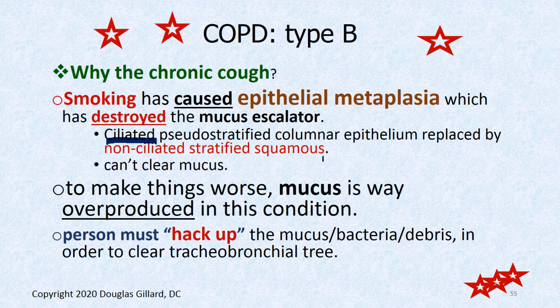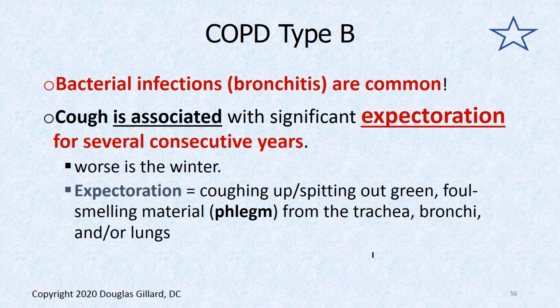So great, the wall is happier, but you've lost your membrane, so you can't clear your throat. So you're hacking every morning. You get up and have to hack up this stuff and try to get this gunk out of your tracheobronchial tree. A lot of times you can't, so these people are infected all the time. They get bacterial infections. They can get pneumonia.